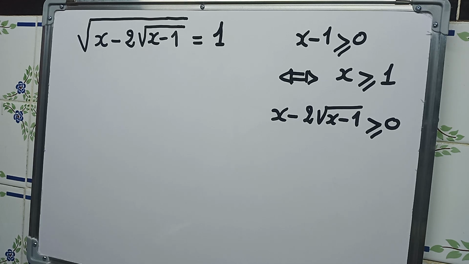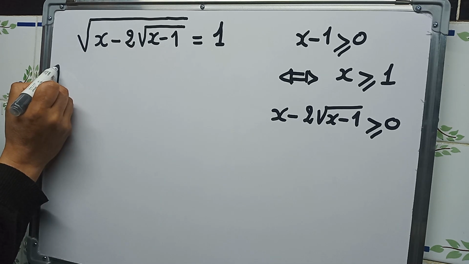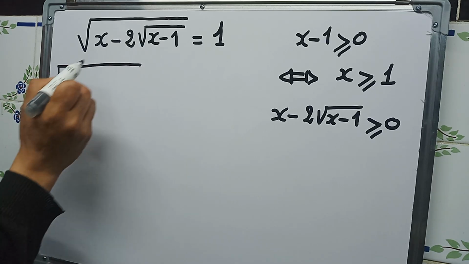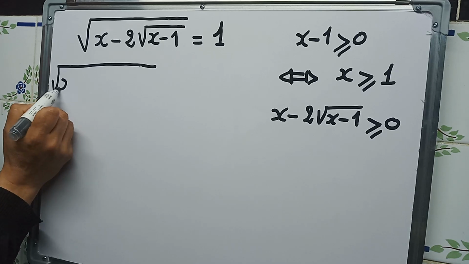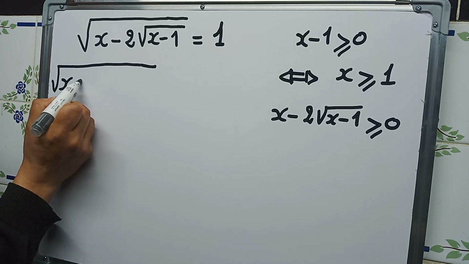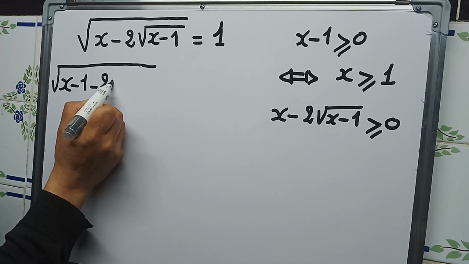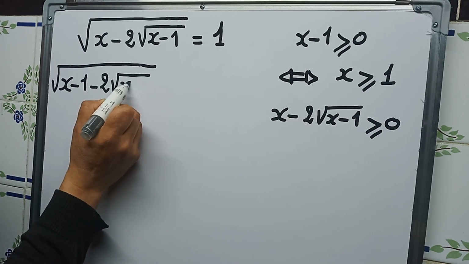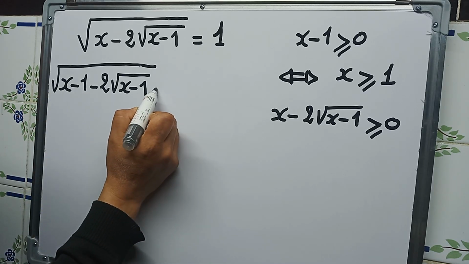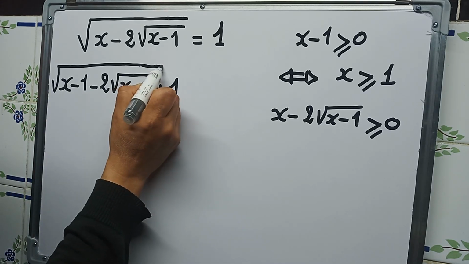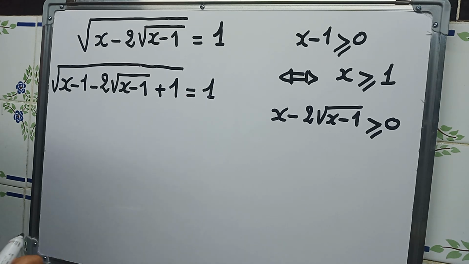So let's just start. So here we have square root of, and here we will try to create a square. So here we have x, and we create x minus 1 minus 2 square root of x minus 1, and this minus 1 here, we add it here at the end, plus 1 is equal to 1.